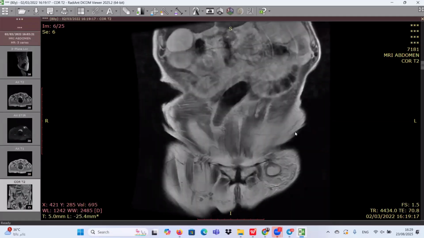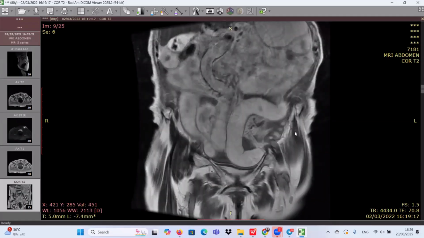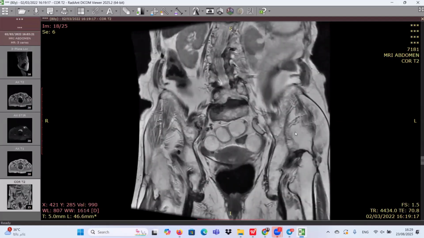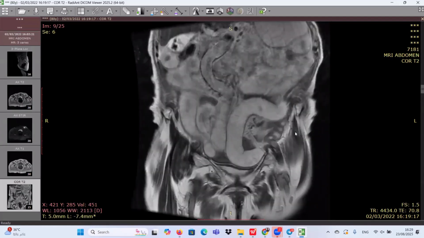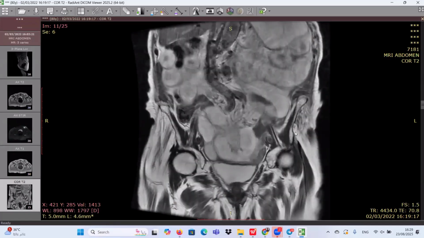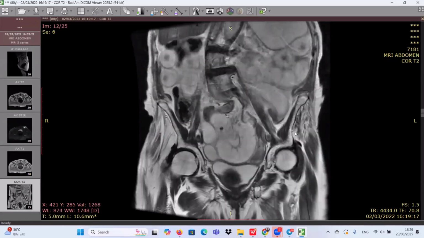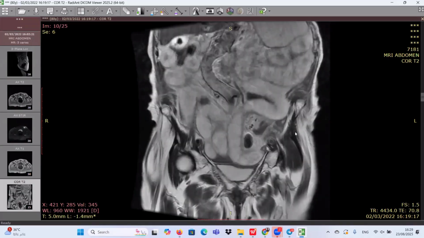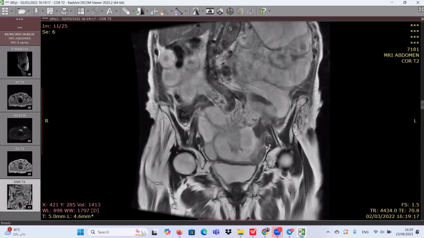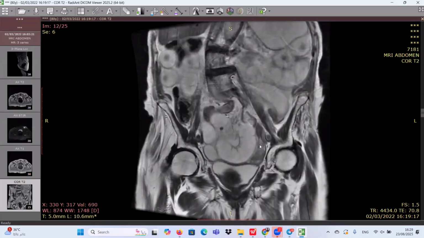There's scoliosis. Otherwise, no dilated loops of bowel. Are these bowel loops small bowel or large bowel? Due to its central location, I believe it's small bowel.